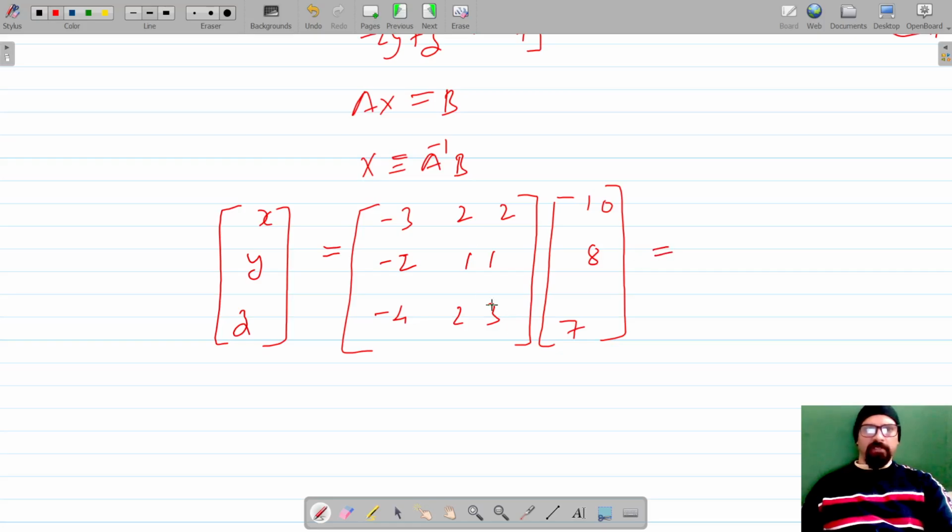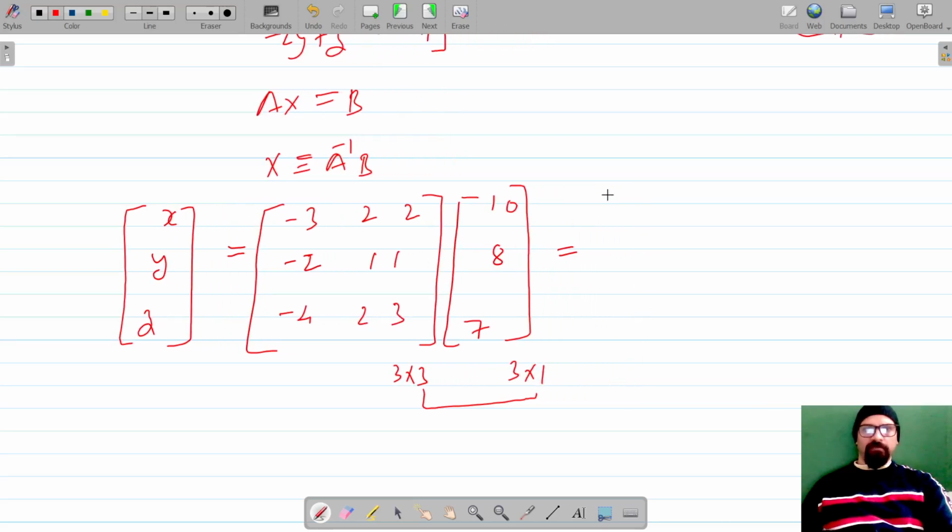Now we have to multiply them. This matrix is of the order 3 by 3. This is of the order 3 by 1, and the resulting matrix should be of the order 3 by 1. So it should have 3 rows and 1 column.